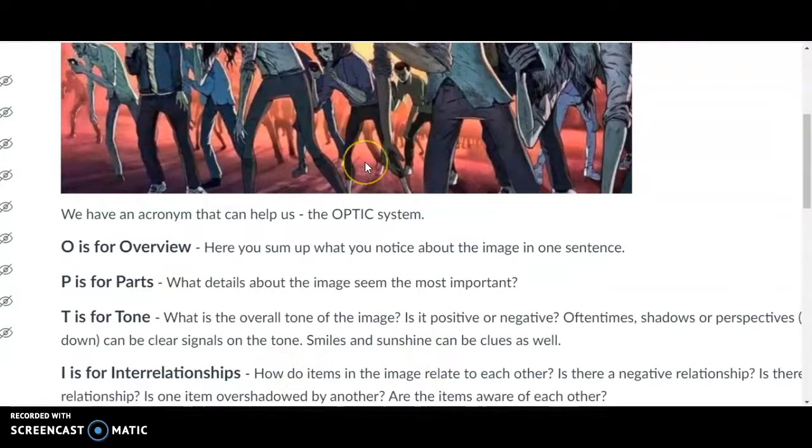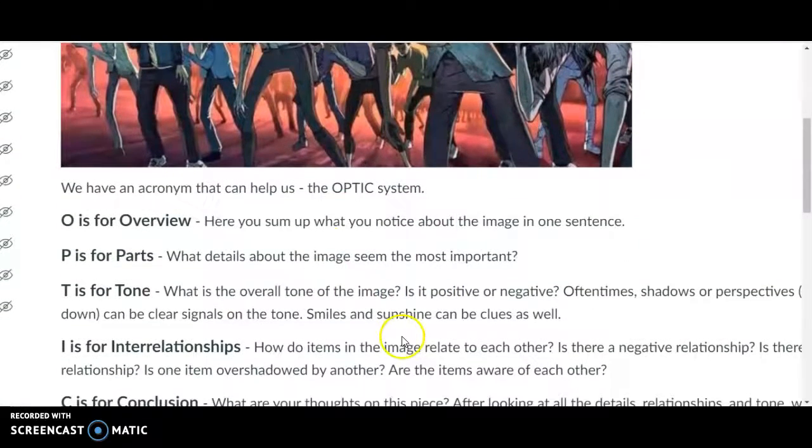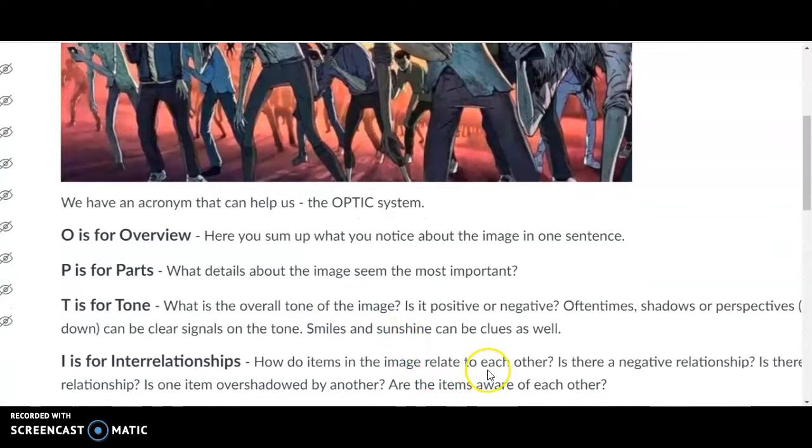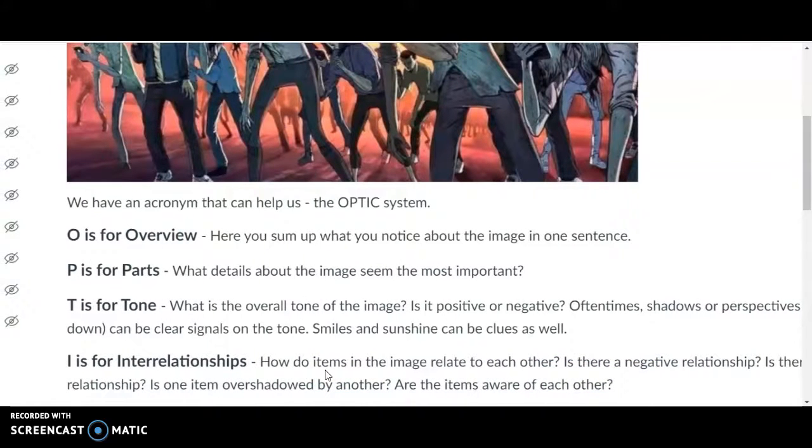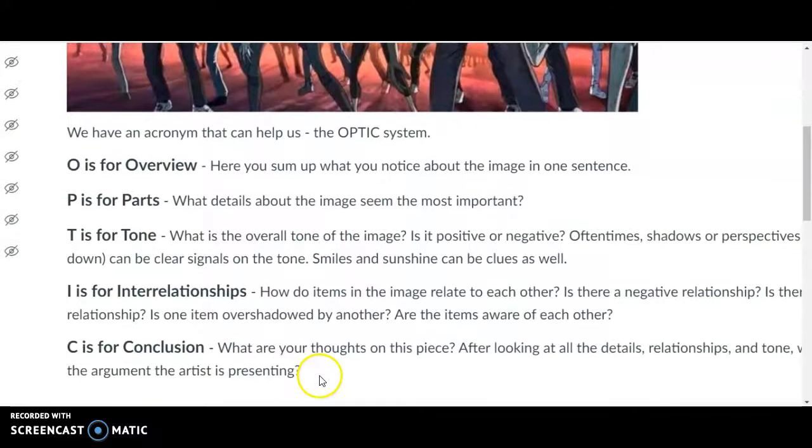I is interrelationships. How do the items in the image relate to each other? Is there a negative relationship? Is there a positive one? C is conclusion. What are your thoughts on the piece?